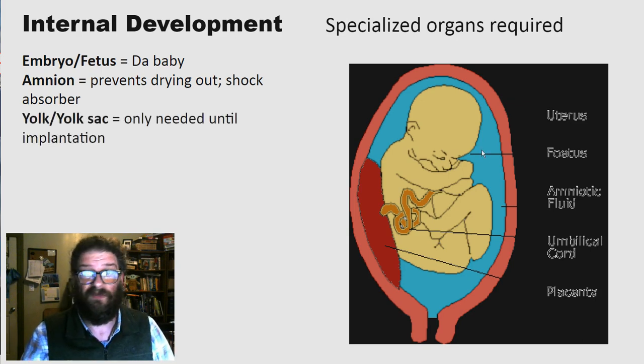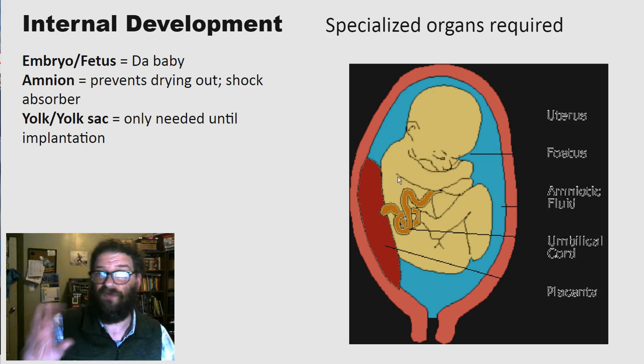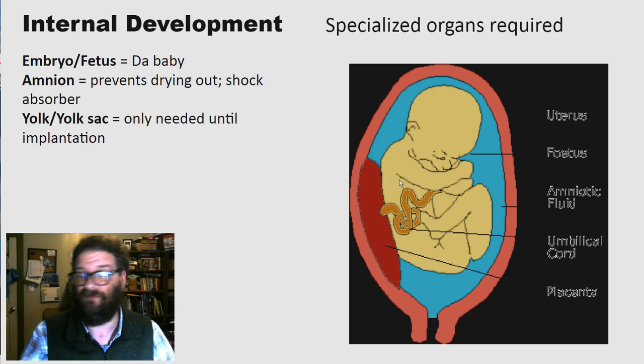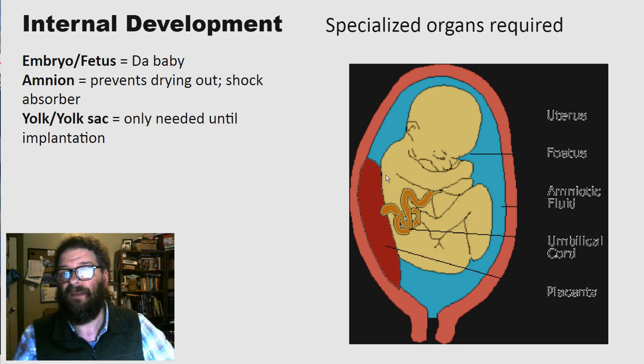Now you'll notice there is no yolk sac over here because this baby has implanted. We're going to talk more about the implantation and the process of internal development after we get through this material here.